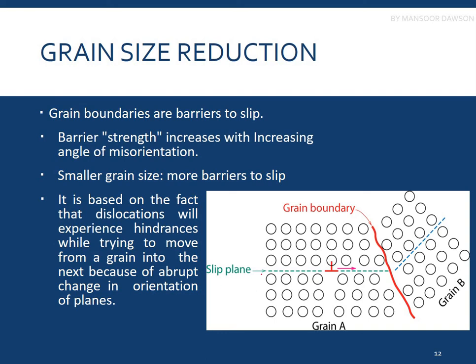Here you can see that this is a slip plane and the dislocation would be moving in this direction. But on the other hand, we have also studied the higher angle grain boundaries and the lower angle grain boundaries. This is basically a higher angle grain boundary. So this is also another grain which would resist this dislocation movement.